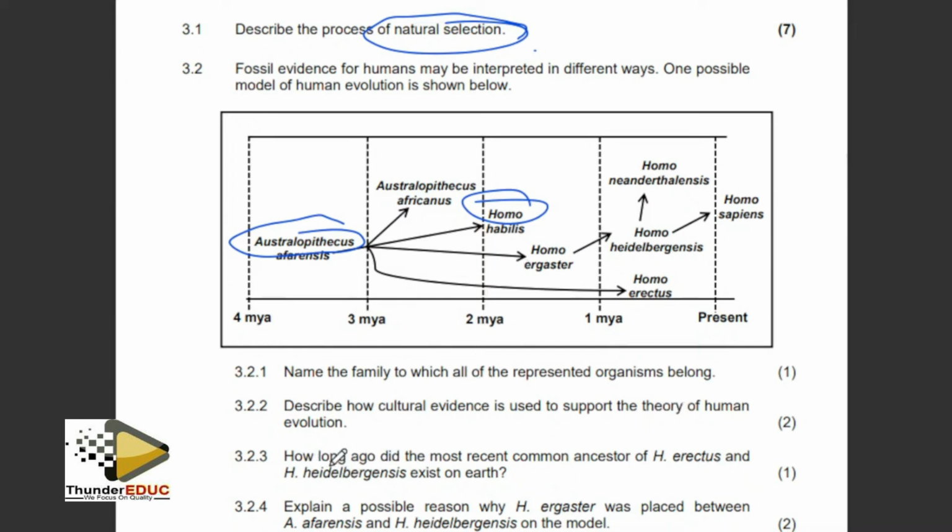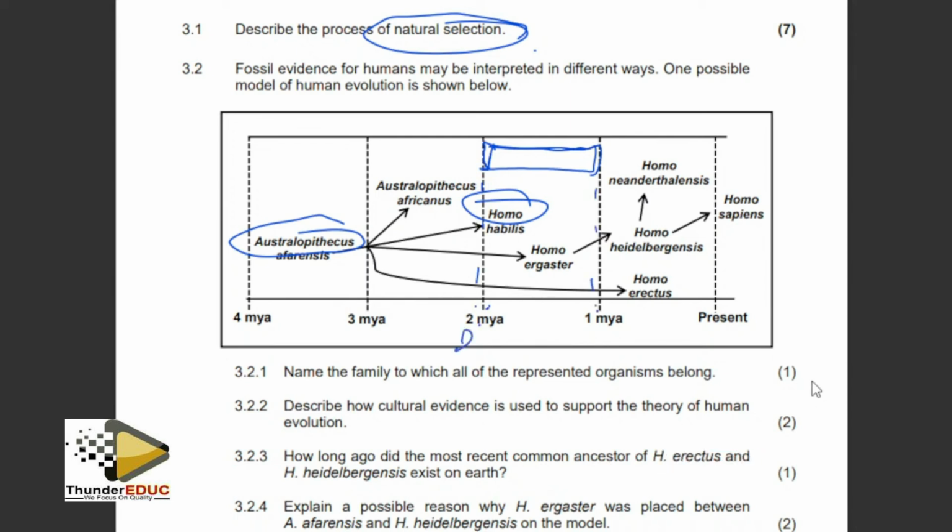How long ago did the most recent common ancestor of this and this exist on Earth? When they say how long ago, for example, did Homo ergaster exist, you come here and draw where it appeared and where it got extinct.